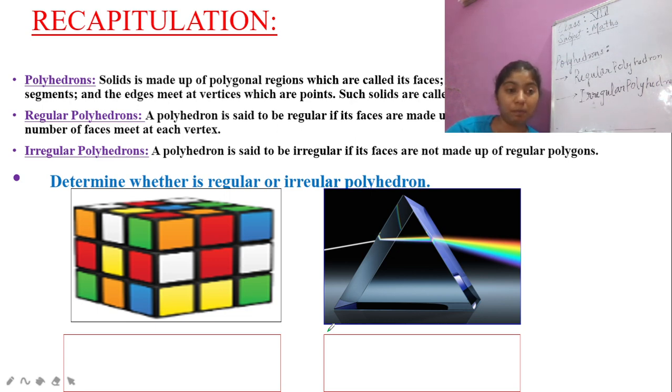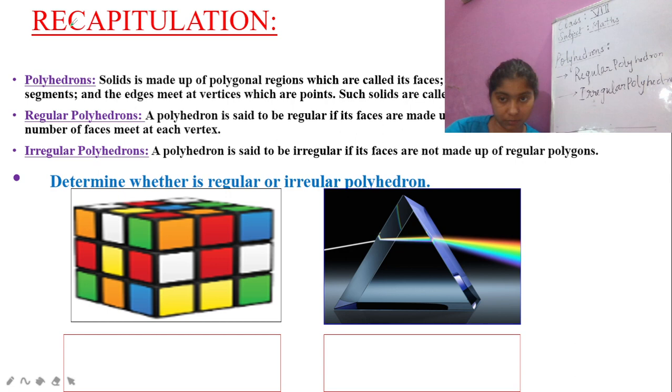So those are called polyhedra. A regular polyhedron has regular faces, an irregular one has irregular faces, which are not made up of regular polygons. So you have to choose which one is regular and which one is irregular.